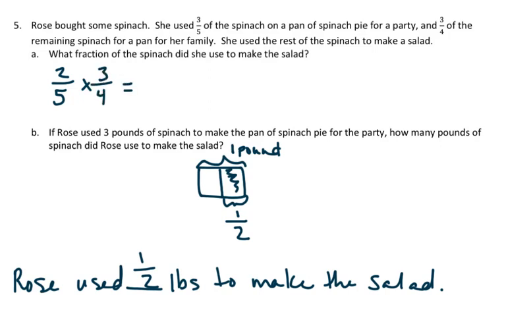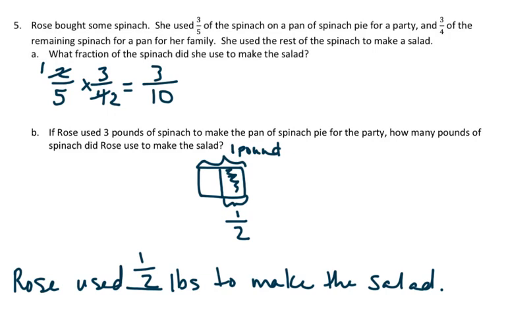Some of the students are starting to realize that they can do some simplification over here now, and that's fine, they can do it that way. So I would have 3/10 is what she used for the pan for her family. Then she used the rest of the spinach to make a salad.